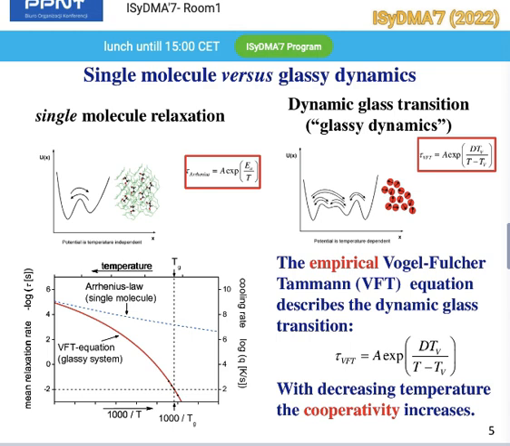Even with modern computer possibilities, it was up till now not possible to describe this potential landscape on an atomistic scale. Experimentally, it is known for more than 100 years that there is this so-called Vogel-Fulcher-Tammann temperature dependence, which is indicated here.